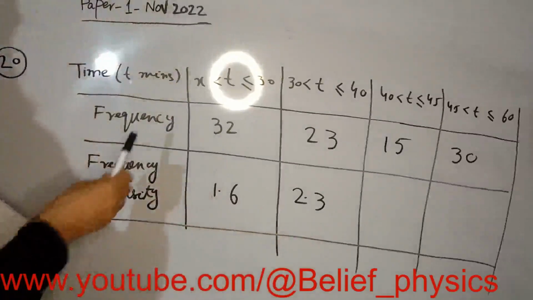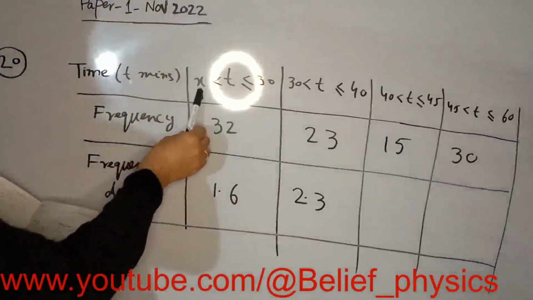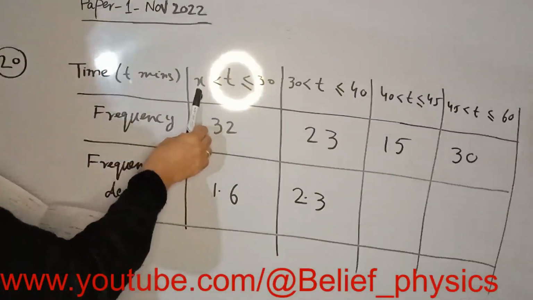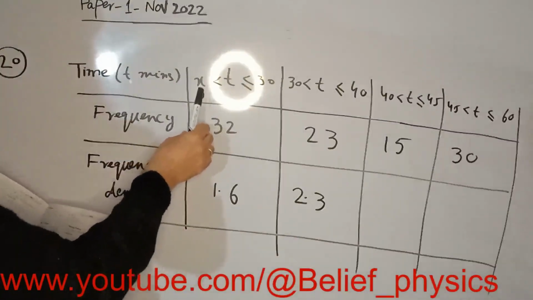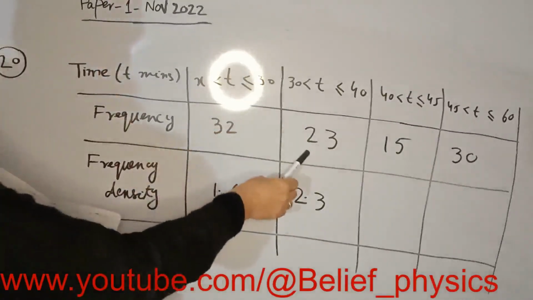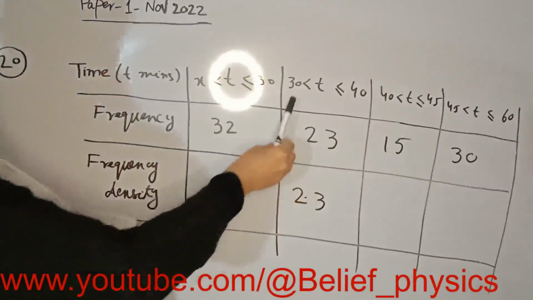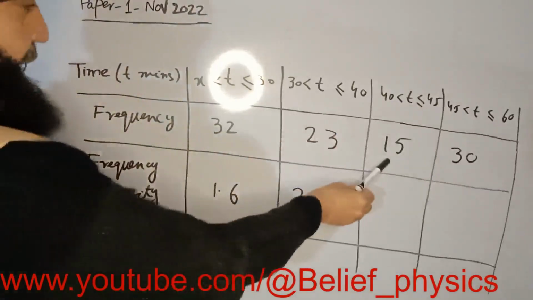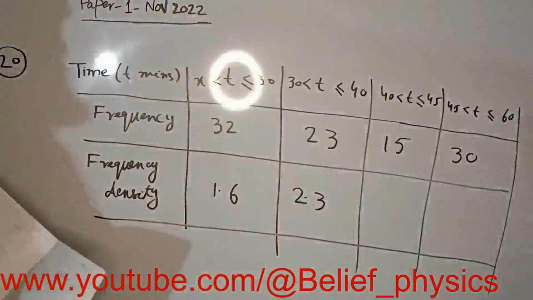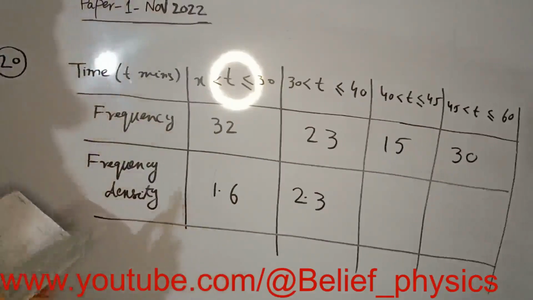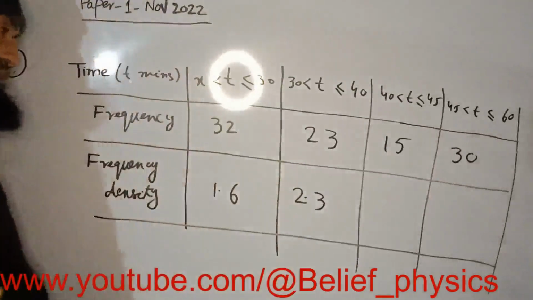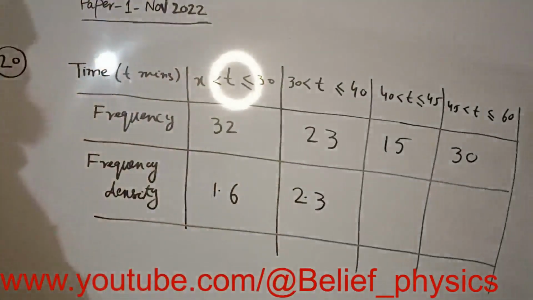So the table shows that there are 32 students who spend between x to 30 minutes, 23 students spend 30 to 40 minutes, 15 students spend 40 to 45 minutes, and 30 students spend 45 to 60 minutes. If we sum all these frequencies, it will be equal to 100. Definitely it should be equal to 100.